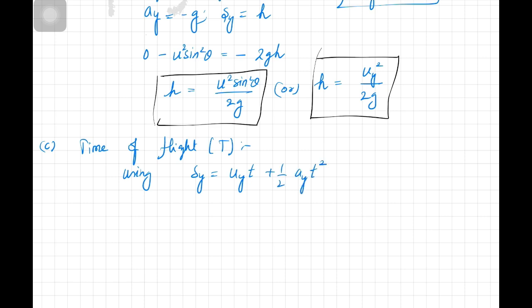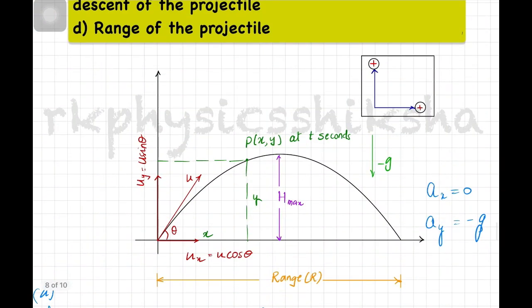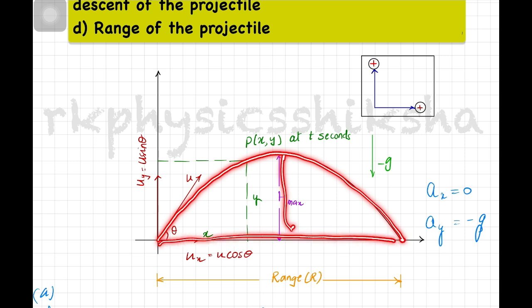Here, Sy is the vertical displacement for the total time interval in which the particle starts from the point O and reaches the ground again. After the particle reaches the ground, after total time T, the vertical displacement Sy will become 0.